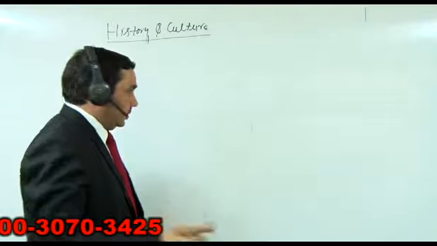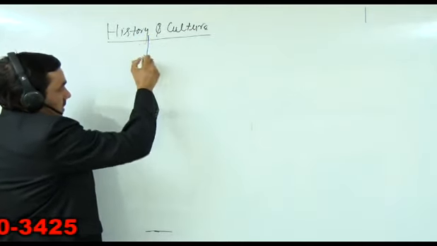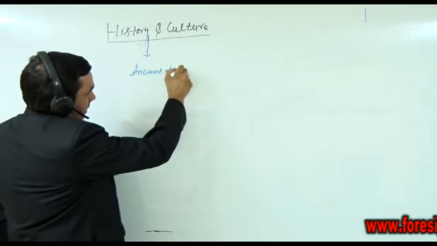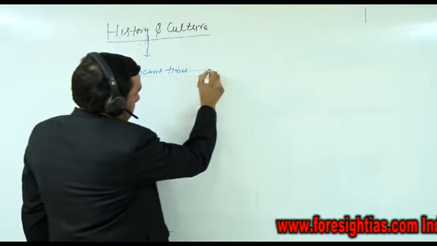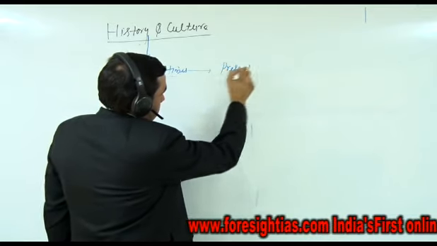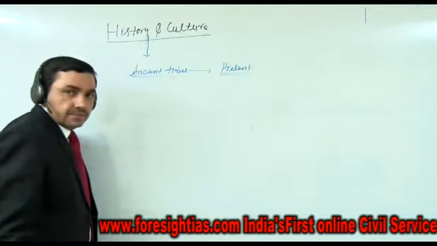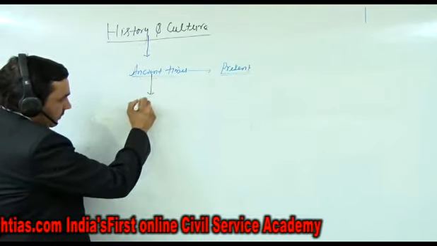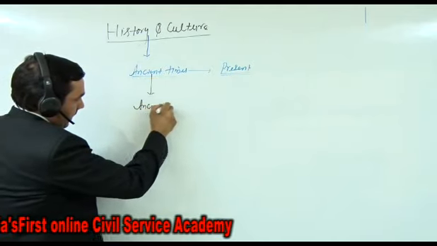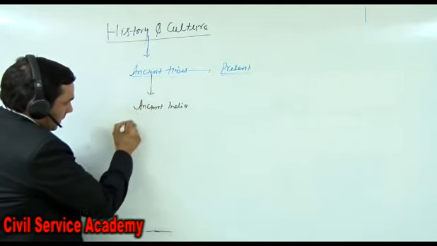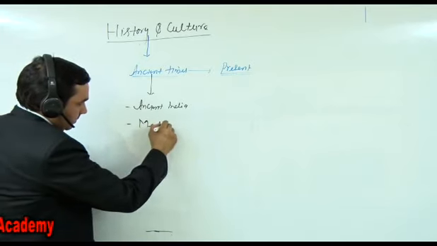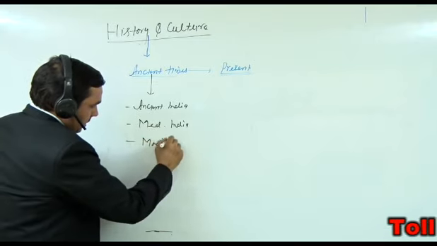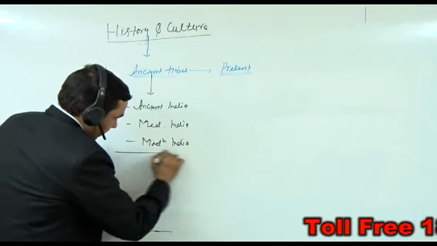Friends, history and culture constitutes the history of India from ancient times till present. That's what UPSC says. It means we have to have a look at the dimensions of ancient age, important dimensions of medieval period, and primarily on the history of modern India we have to focus.